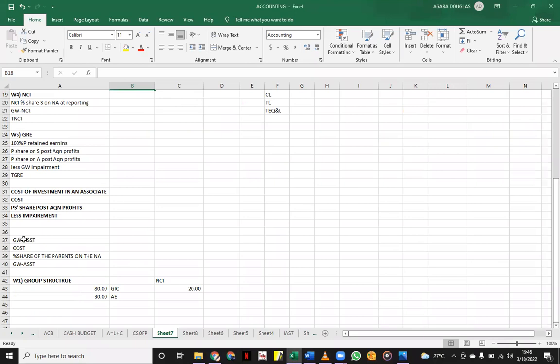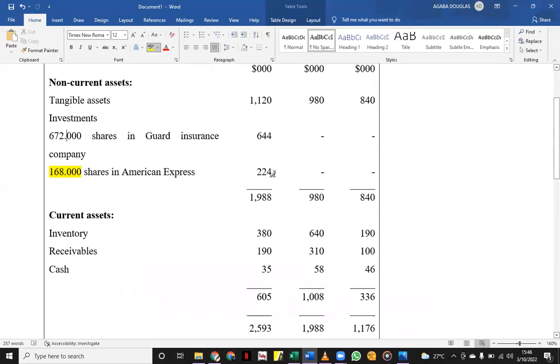There are so many methods of calculating goodwill for the associate, but let us use this simple one of saying the cost, and then we put the percentage share of the parent on the net assets, and then we'll get the goodwill. So our cost, like we saw in the question, is 224,000 shillings.